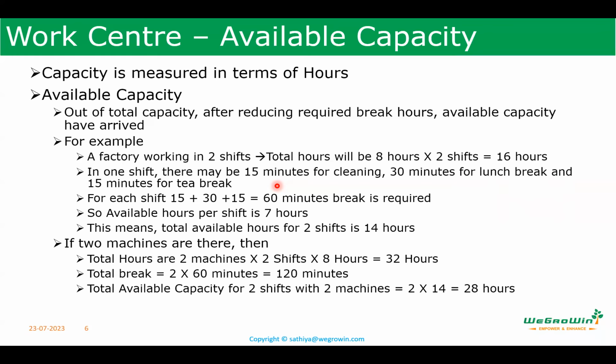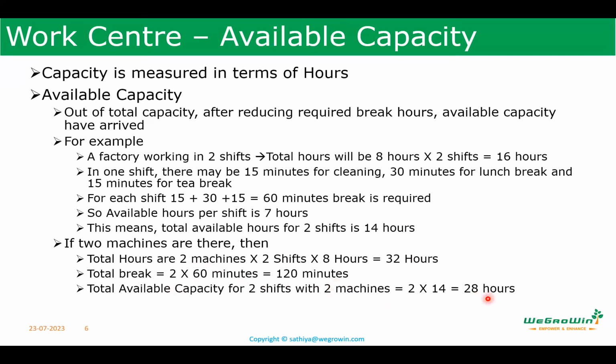So what is the available time? We have only the remaining 7 hours for each shift. This means we have only 14 hours available. Total 16 hours, but you have only 14 hours. If you have 2 machines, then 2 machines into 2 into 8, 32 hours. Then the break is 120 minutes, which is 2 hours.